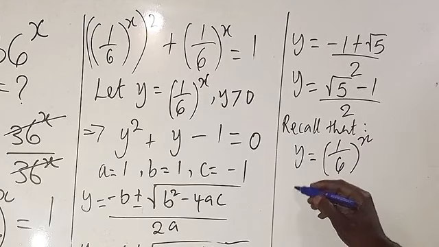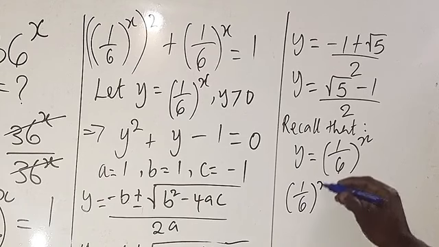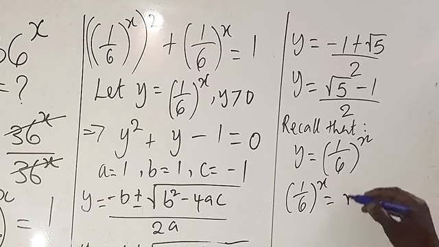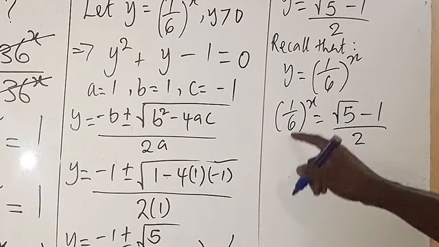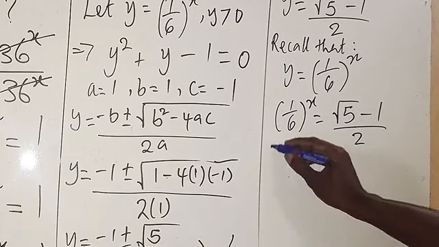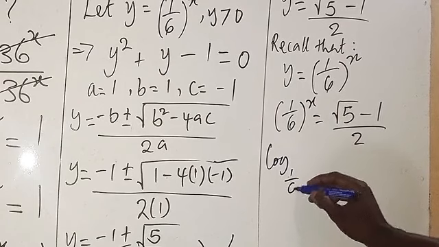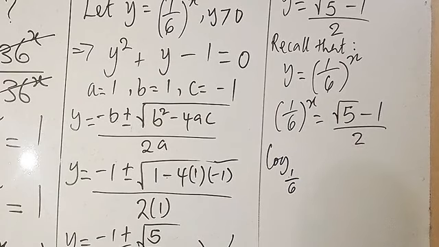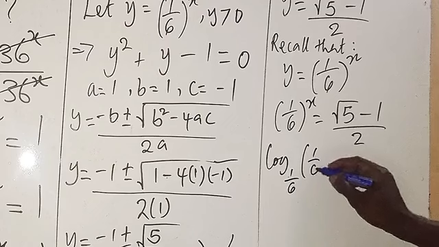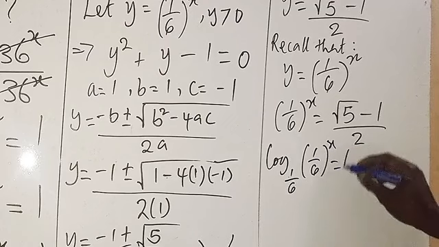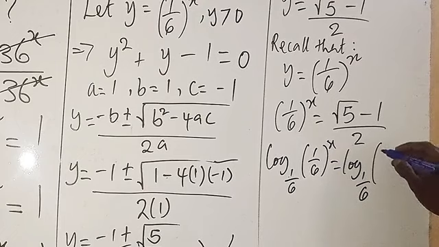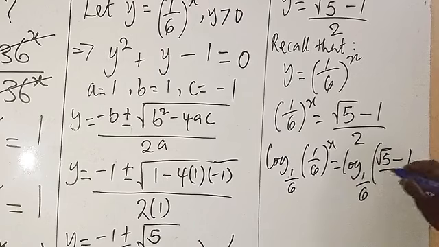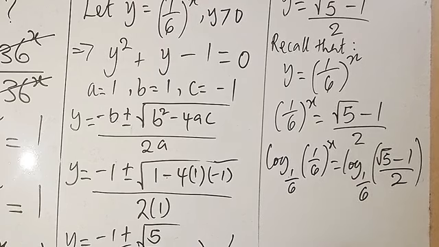We have 1 over 6 all to the power of x equals the value of y we got, root 5 minus 1, then divided by 2. I have 1 over 6 to be the base here, so I'm going to introduce log with respect to base 1 over 6. Then I have 1 over 6 all to the power of x equals log base 1 over 6 of root 5 minus 1 all over 2.